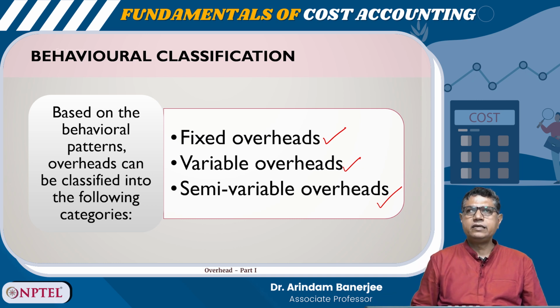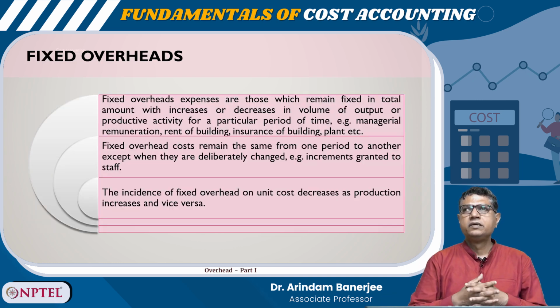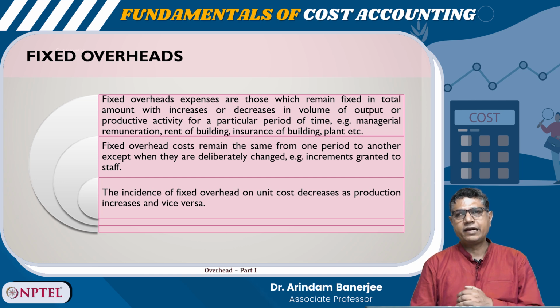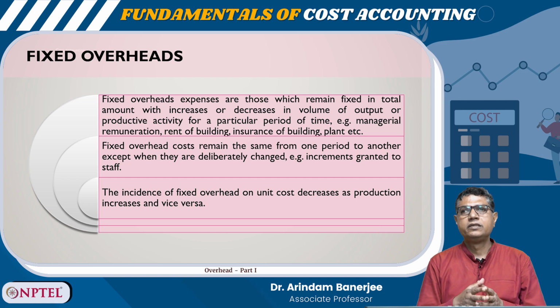So, fixed overhead is the one which remains fixed in the total amount with increase and decrease in the volume of output or production activity. So, the overheads which do not change with the level of production or level of activity within a range, that is called the fixed overhead.